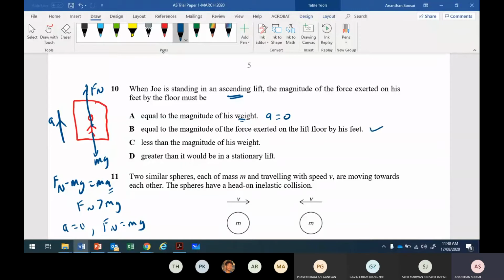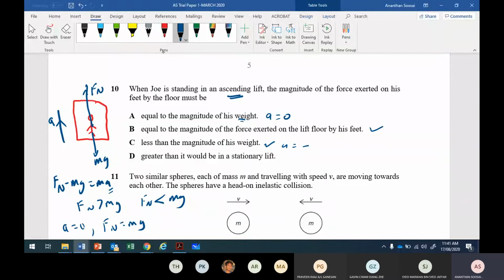B. Less than the magnitude of the weight can also happen. C can also happen if acceleration is negative, when you go up but the lift is decelerating. Then the normal force can also be lower than mg.